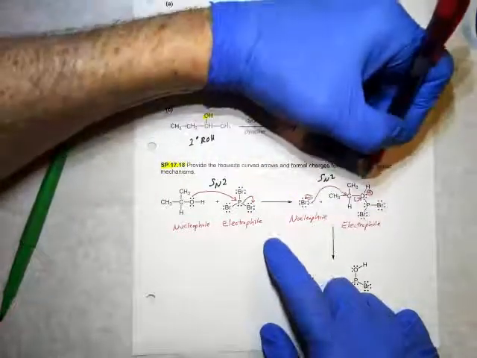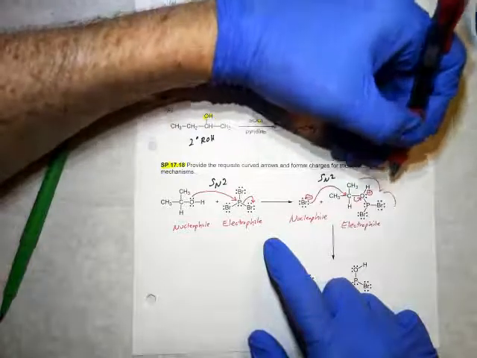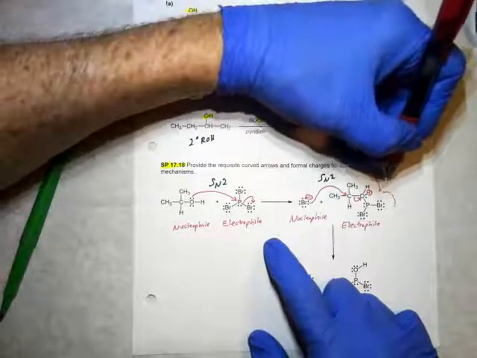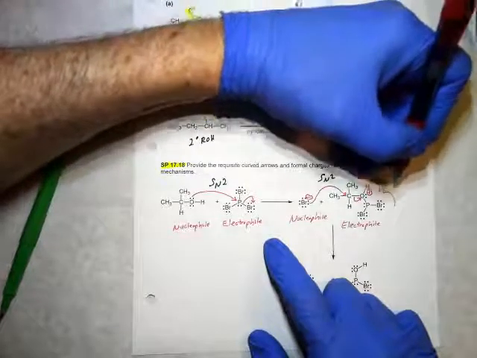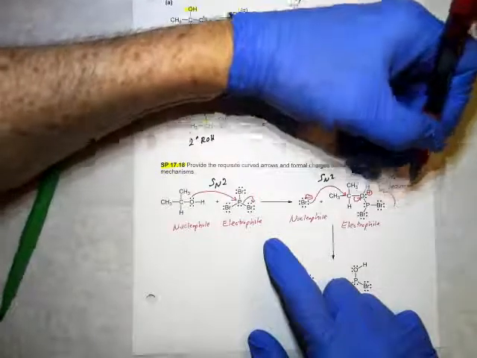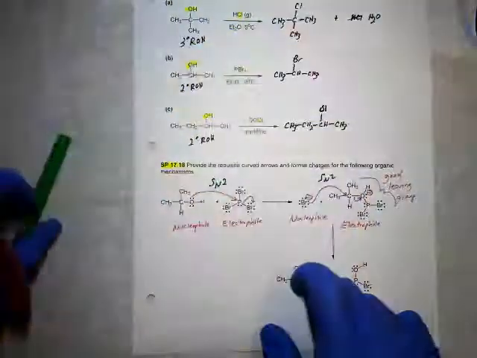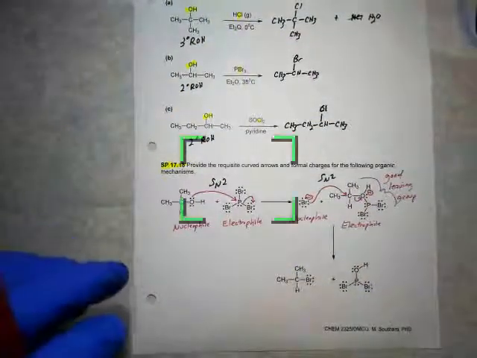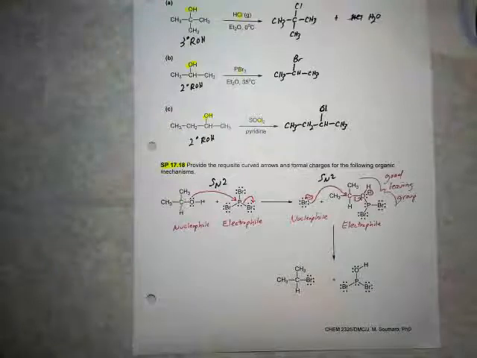Now, categorically, what did I just say about that? This is a good leaving group. A good leaving group. Good leaving groups are important. You may remember the good leaving groups are basically the conjugate bases of strong acids. All right.